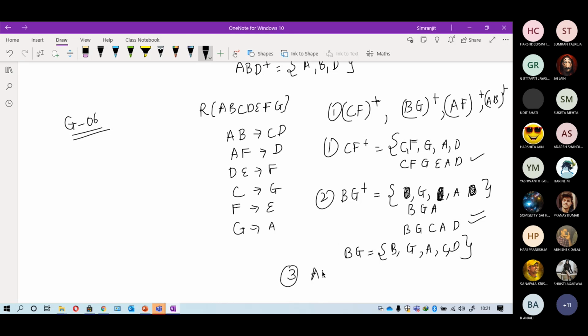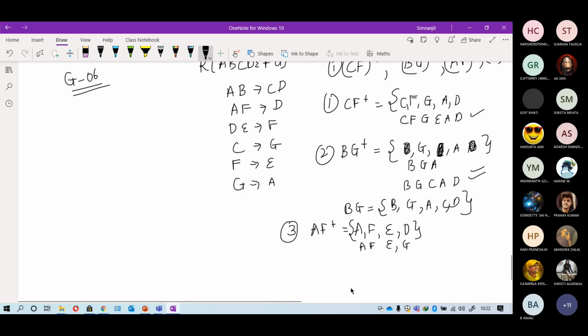Go solve AF plus. Do not just quickly solve it. Take your time. Sir, AFED. Yes. Everybody got this one or anyone different? Sir, AFEGD. AFEG. Anyone got a different answer?